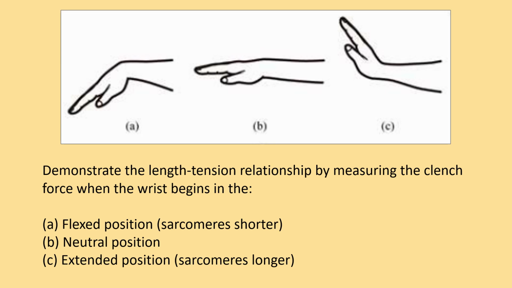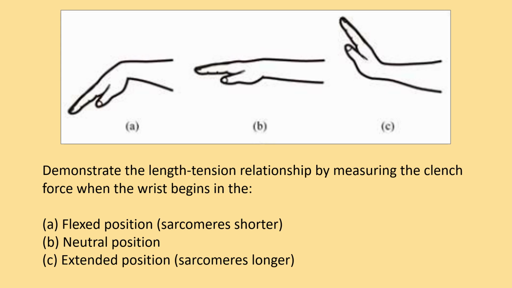Just by flexing your hand at the wrist into position A, those muscles are getting shorter. And now, with your hand in position A, make a fist. Make the hardest fist you can make. It's not as strong as the fist was when your hand started off in position B.